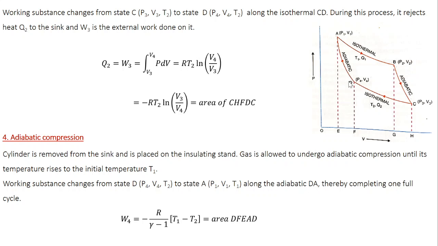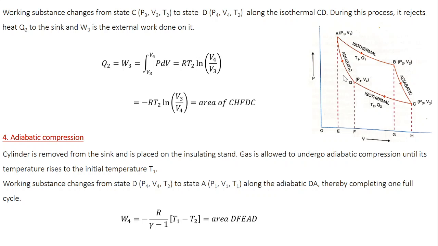And during this process, there is no heat exchange. So this is the adiabatic compression, and with this, one complete cycle is done. It starts from A, goes to B, goes to C, goes to D, and comes back to the same initial state. That's why we call this a cyclic process. And what is the work done during this adiabatic compression?